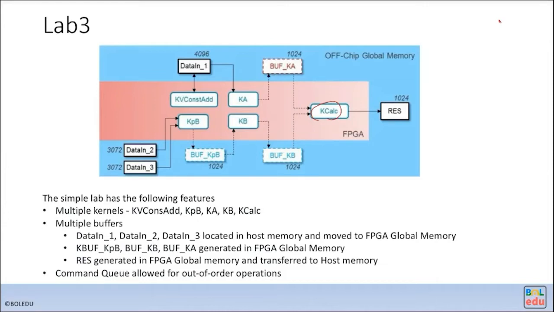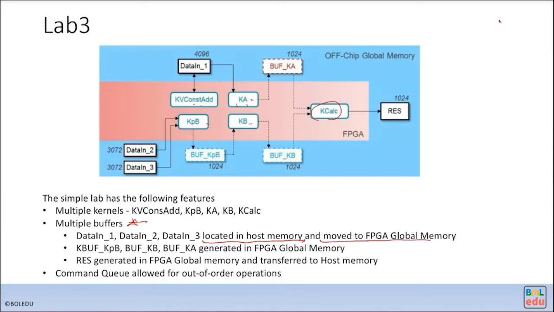So in Lab3, we have 5 kernel functions, and we have multiple buffers. The buffers data in 1, data in 2, and data in 3 are originally located in the host memory, and then moved to the FPGA global memory.